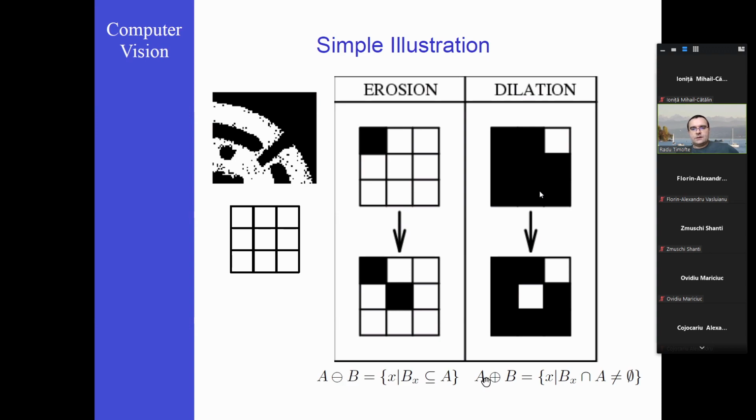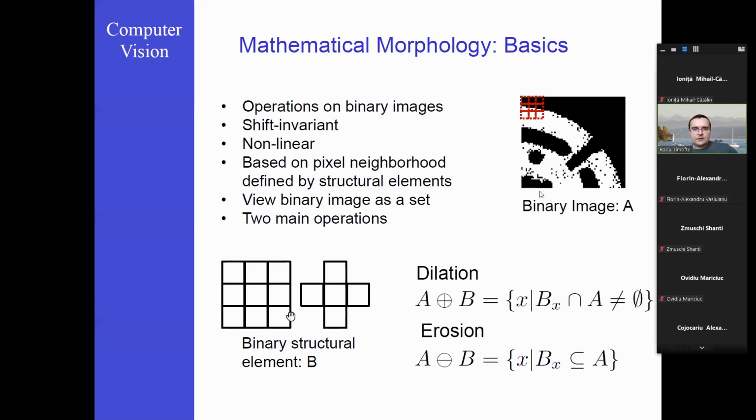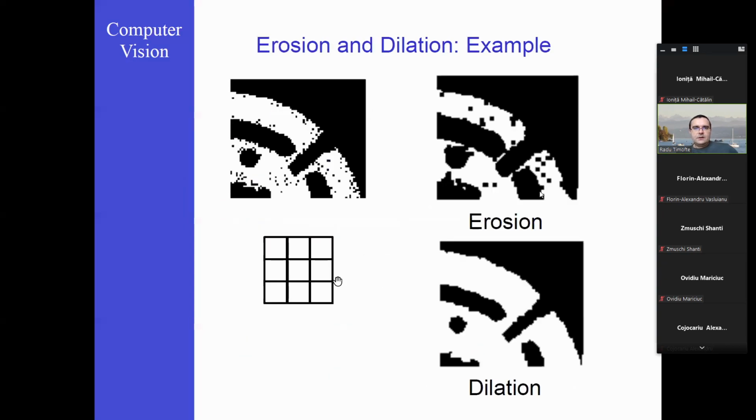Those are the mathematical notations of the erosion and dilation, and this is just a simple example. What you need to note here is that this is an example for this element, but as mentioned here, you can have whatever other structural elements. This element on the right can be quite often used.